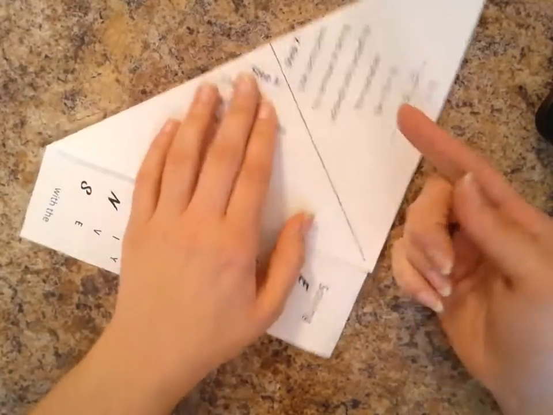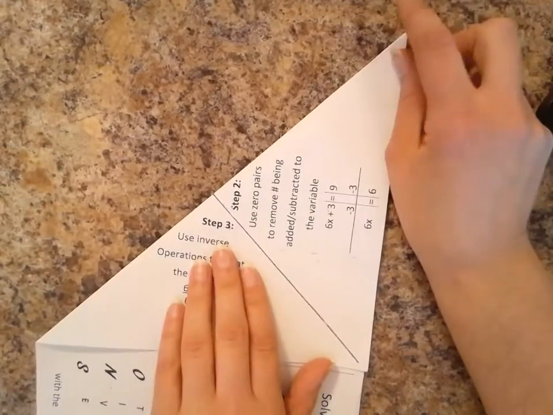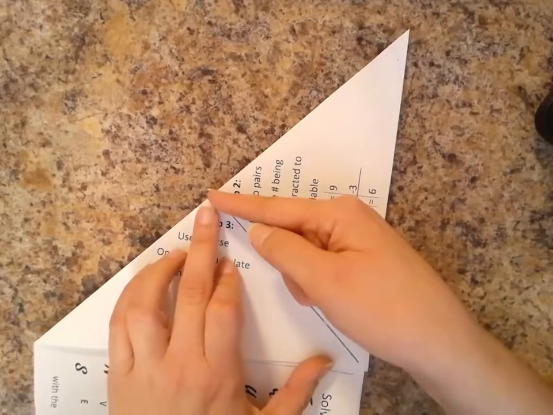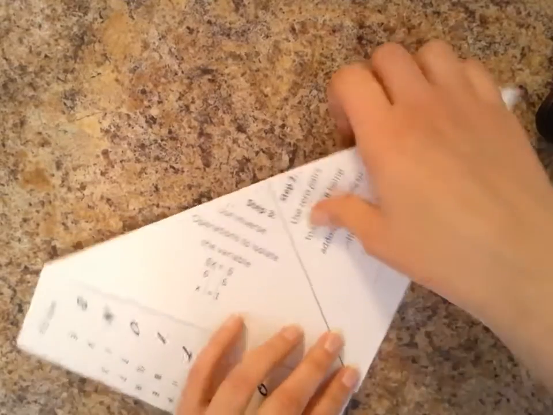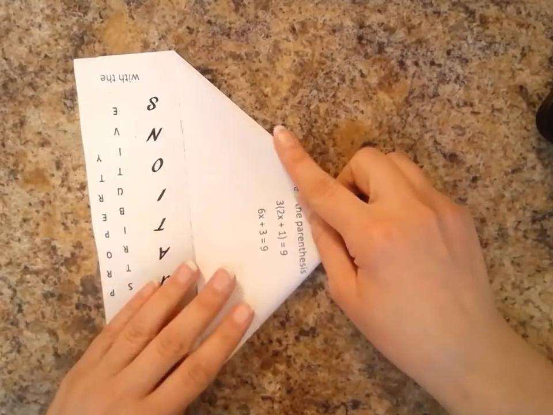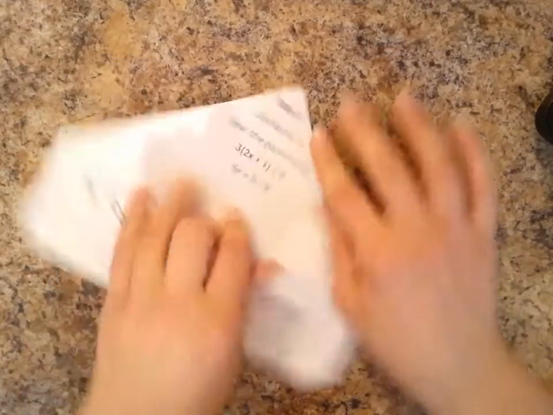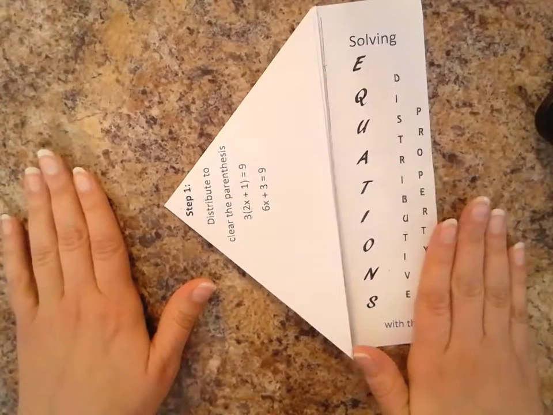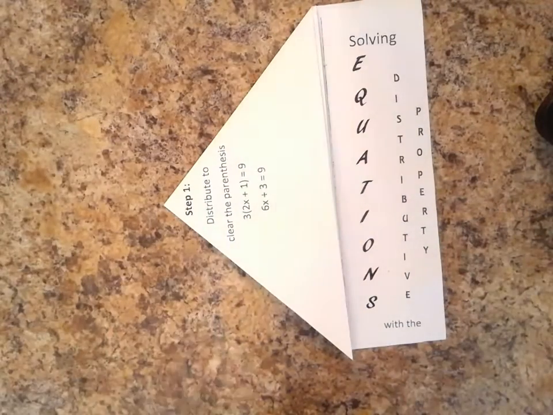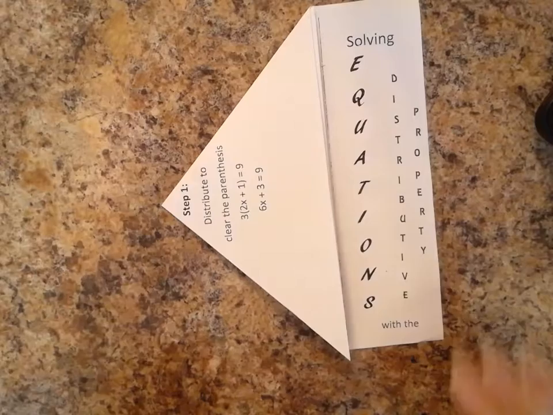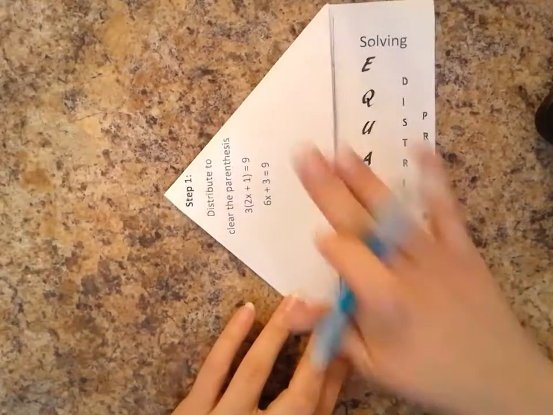Then you are going to take the top corner up here and fold on this line. So you should see step 1 visible. Eventually we're going to secure this to our notebook, but for right now I think it's easier if we work with it on the table.